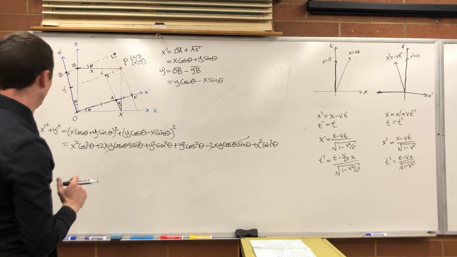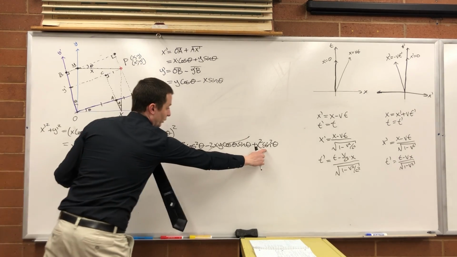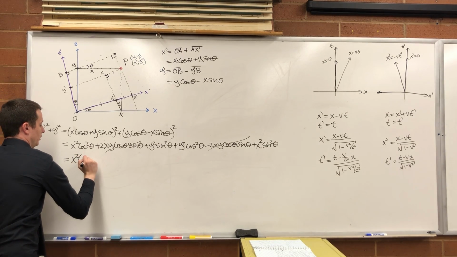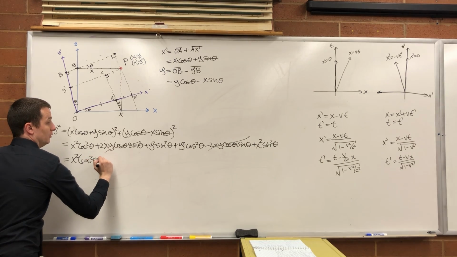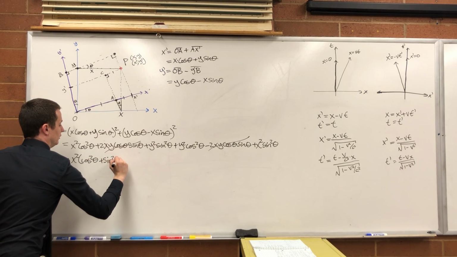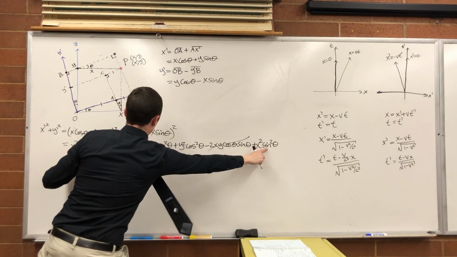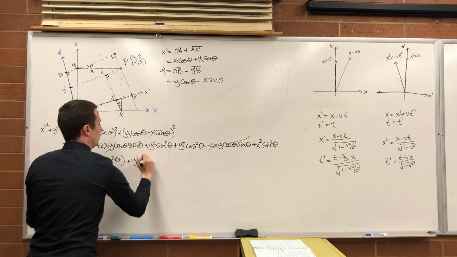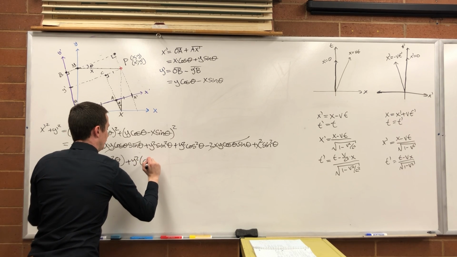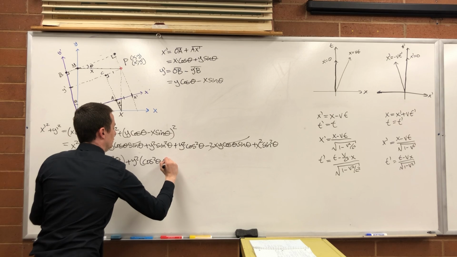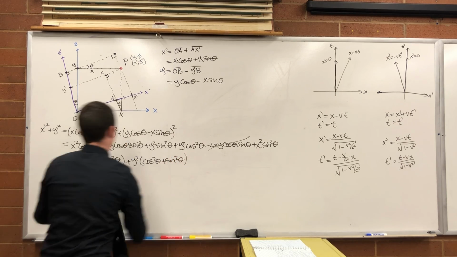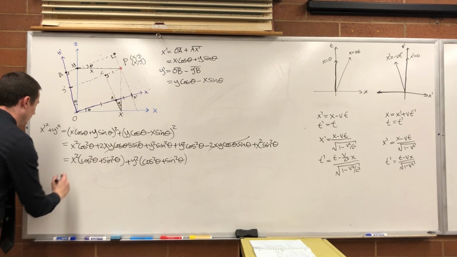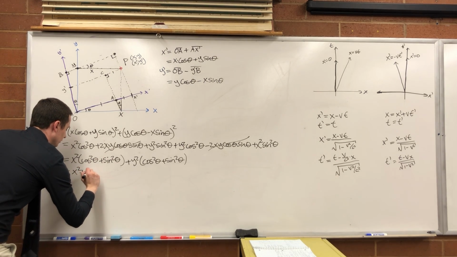Okay, so collecting my x squared terms, I'm going to factor the x squared out of both those, so we have cosine squared of theta plus sine squared theta. Now we need to collect this term and this term, factor out the y squared, plus y squared times cosine squared theta plus sine squared theta. And then, like you just said, cosine squared plus sine squared is 1. So it's equal to x squared plus y squared.